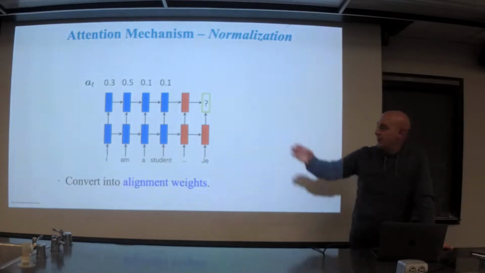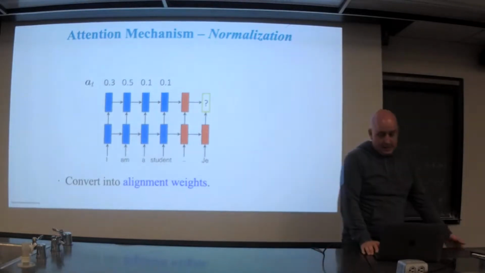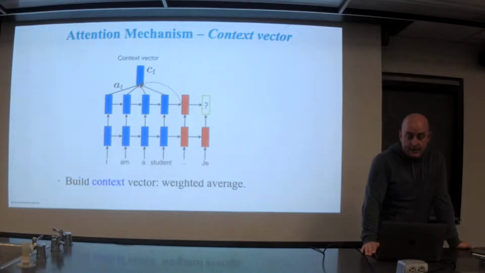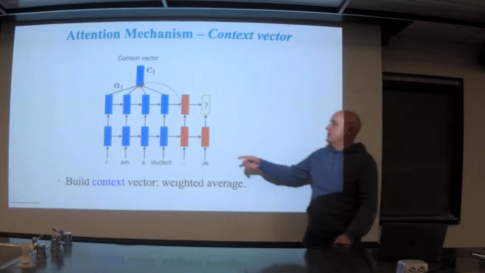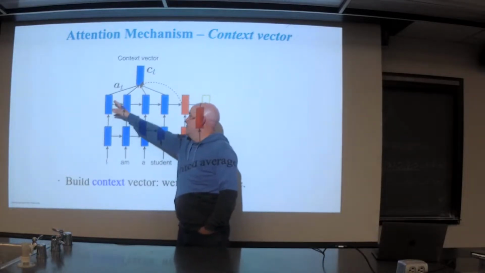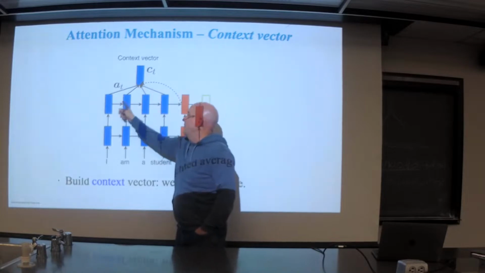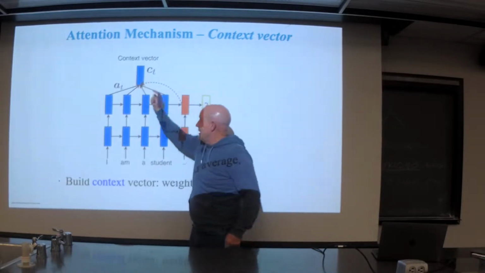And we're going to add those all together, right? So we create a new vector, which is the convex combination of these vectors with those weights. So what comes out here depends on two things.